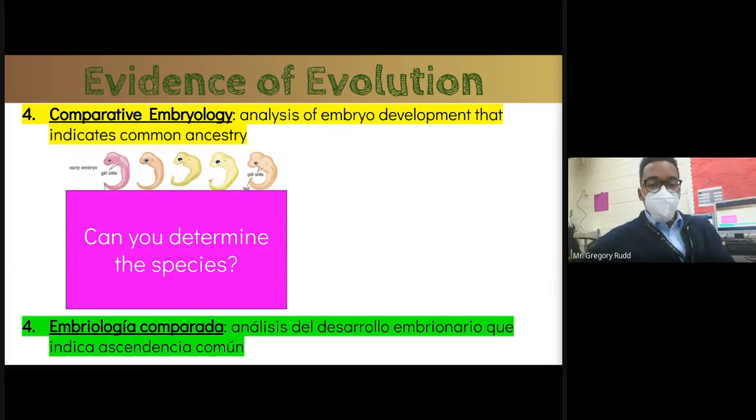Of course, an embryo is an offspring in the earliest stages of its development.